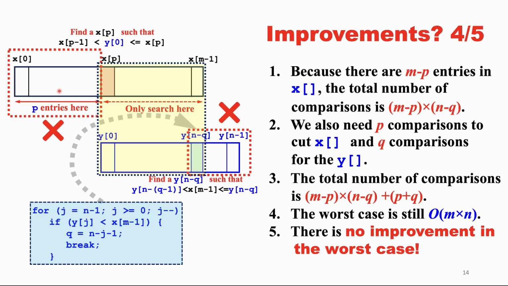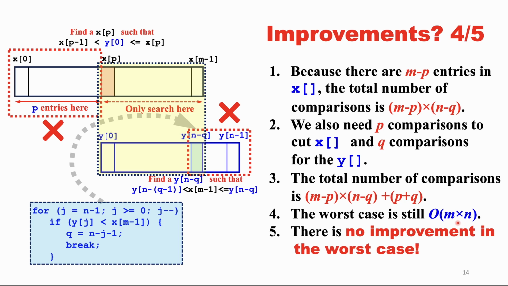But don't forget, we use p comparisons here, q comparisons here. So actually the total number of comparisons is this. In the worst case, it's still m times n because p and q could be 0.